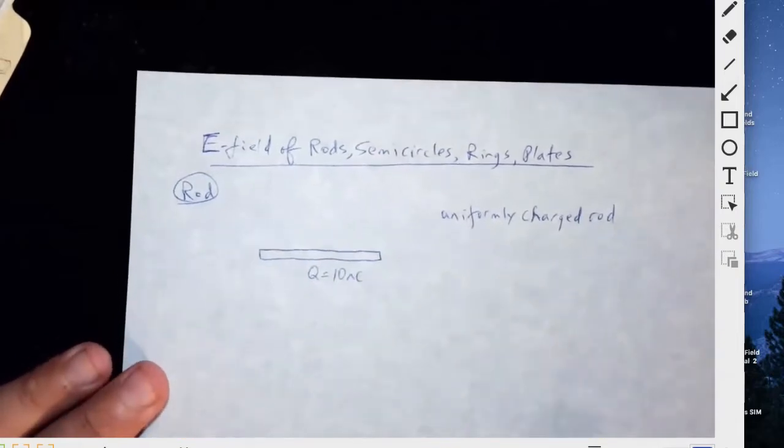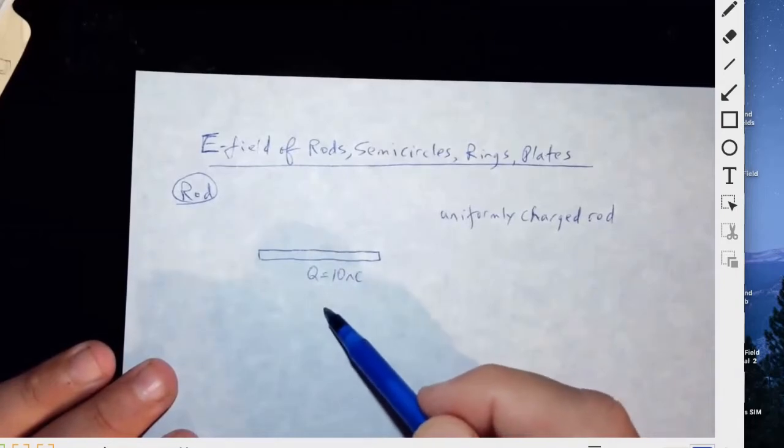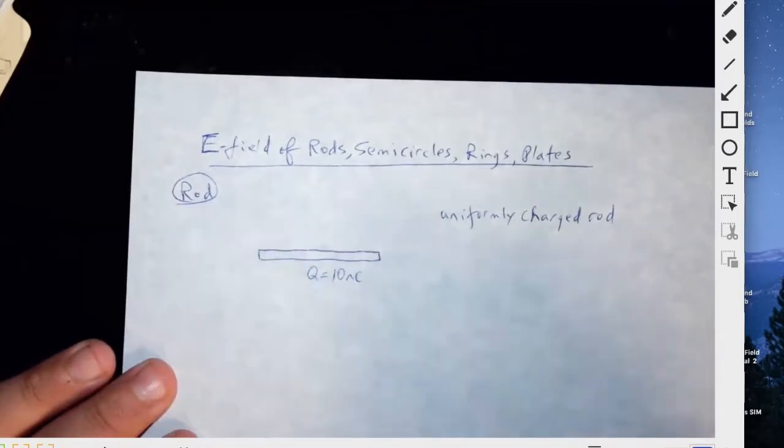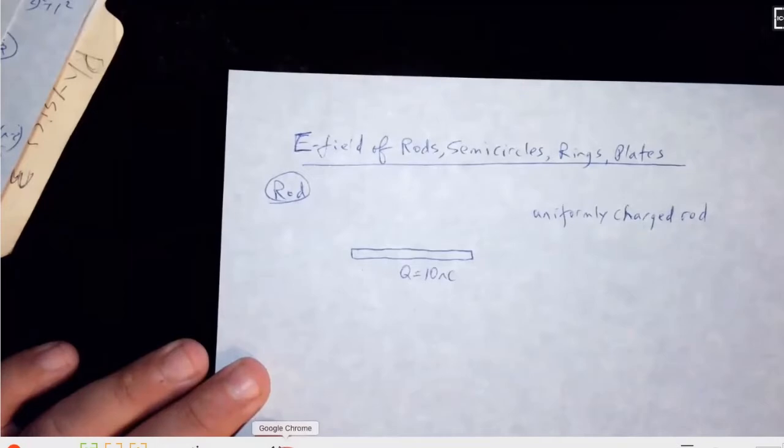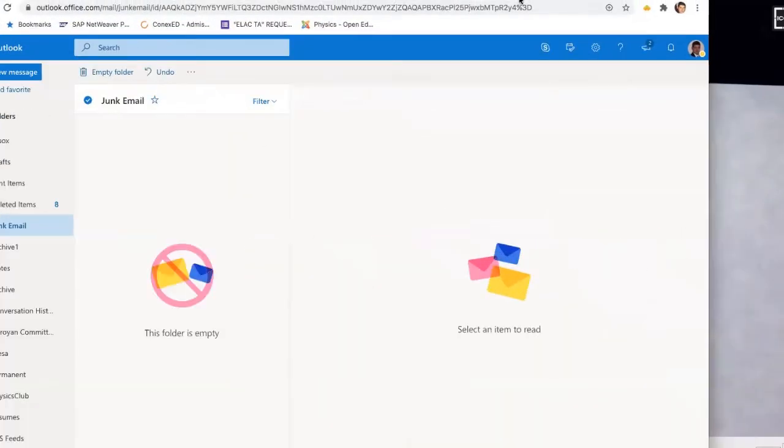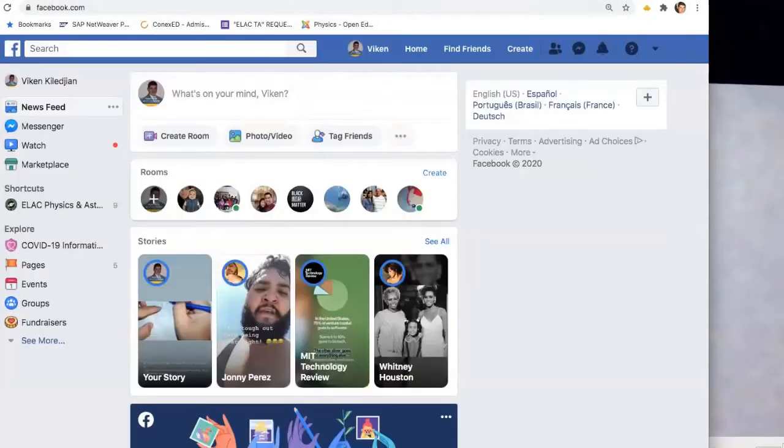So in order to do this with the simulation, you would take each of the 1 nanocoulomb charges and place them in a row, like this.